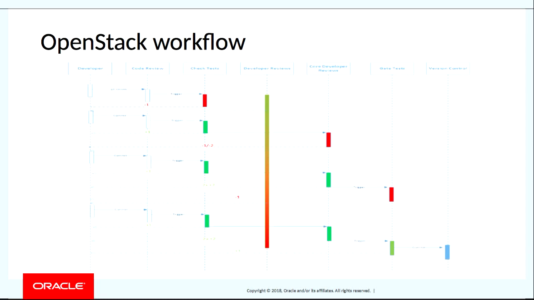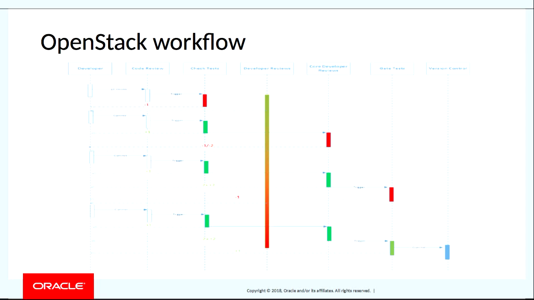This diagram shows the basic workflow of OpenStack CI, and the OpenStack CI is very different from other CI workflows. It introduced a new code review system.